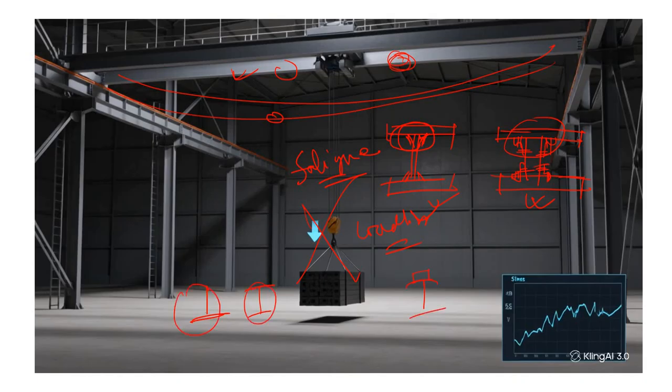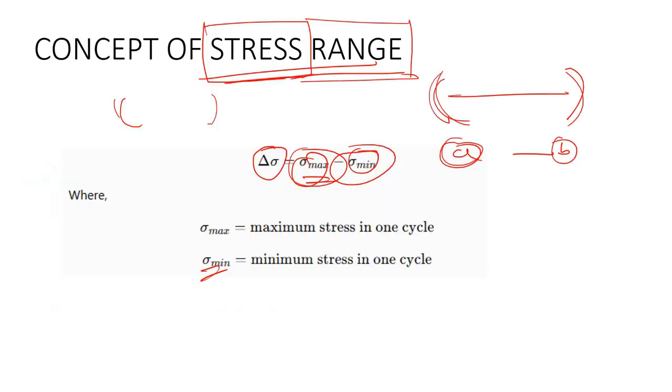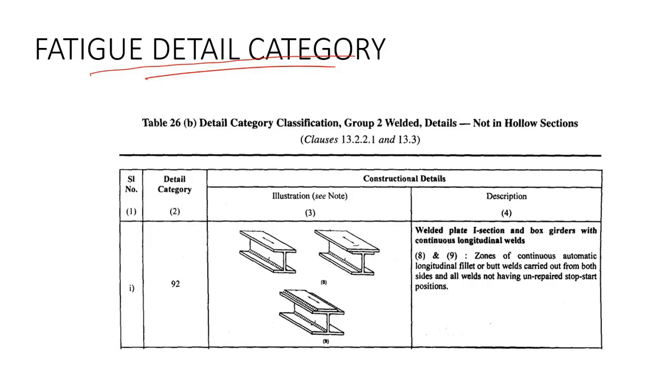When we analyze fatigue, we have to specify the detailing: whether it is welded, whether it is bolted, whether it is a simple T section or an I section. If it is an I section, is there any extra plate at the top? Based on the detailing, IS 800 has specified many types of detail categories. For example, if you go to Table 26, there are many categories: 36, 150, 71, 100, 90, 112, 125, and lots more based on the detailing.